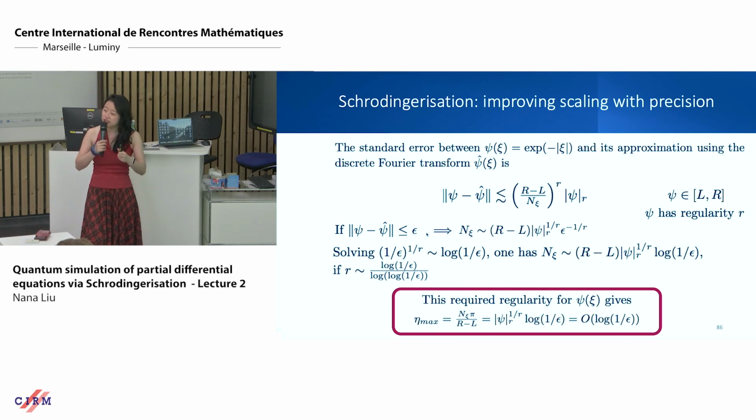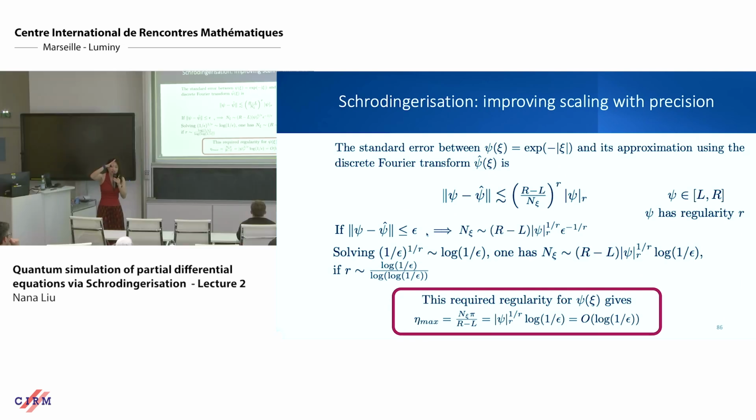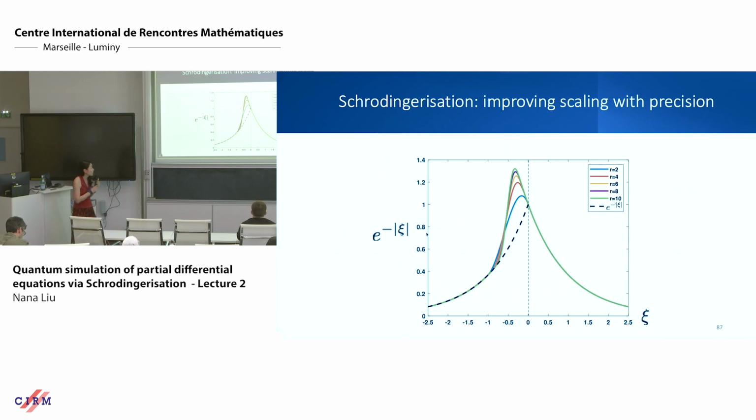So we should find functions where, to the right, where psi is above 0, it still scales as e to the power minus psi, but we smooth things over on the left-hand side. So the regularity scales in this way with 1 over epsilon, and therefore the required regularity for psi gives our eta max scaling as 1 over log 1 over epsilon.